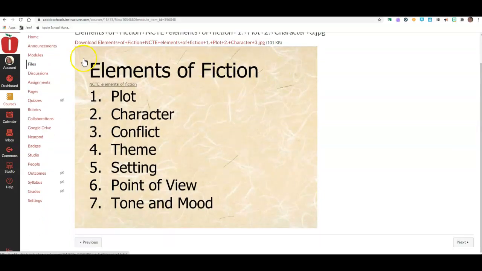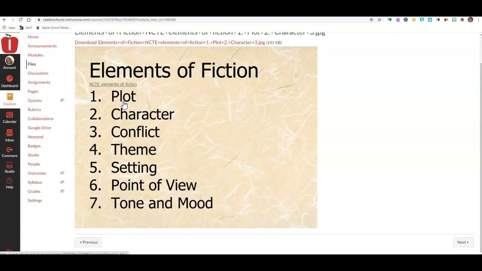We want to make sure we understand the elements of fiction: plot, character, conflict, theme, setting, point of view, tone, and mood. Plot is basically just the elements of the story, the structure. You have an exposition or introduction, the rising action, the elements that lead up to the climax, then the climax, the falling action, and then the resolution.